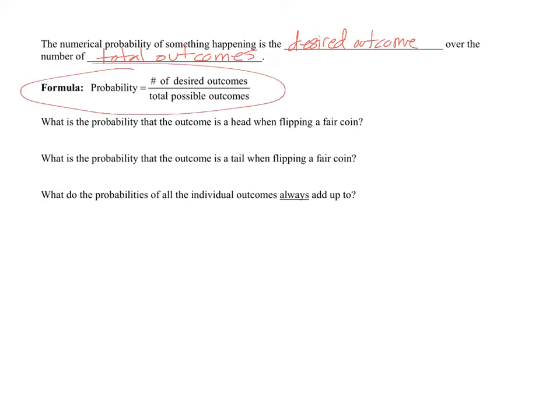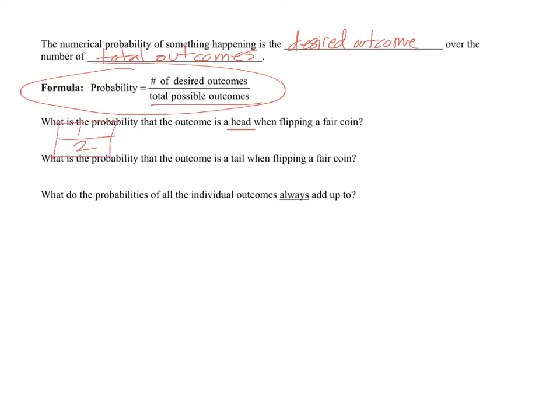That's the formula for probability. So what is the probability that the outcome is a head when flipping a fair coin? Head is the desired outcome, so there's 1 chance of getting a head. How many possible outcomes are there? There are 2. So the probability is a half.